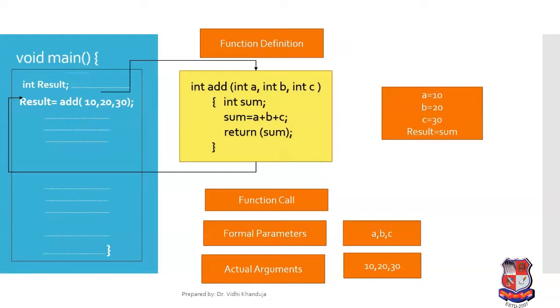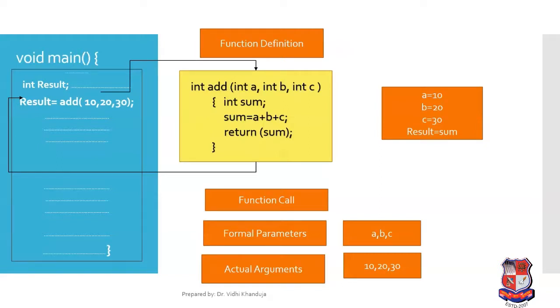This is how a function works. Whenever the compiler sees the function call, that is add, it will immediately jump to the function. And once the function is completed and receives a return statement, it will jump back to the calling part. Clear? So what we have learned till now: we have seen the function definition.